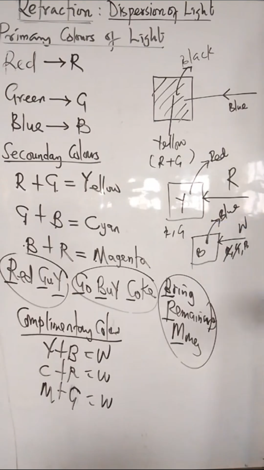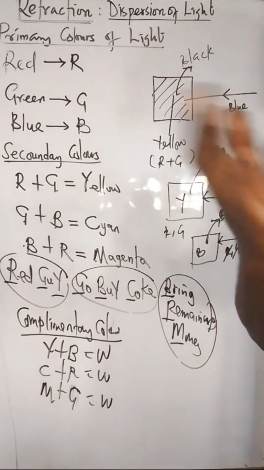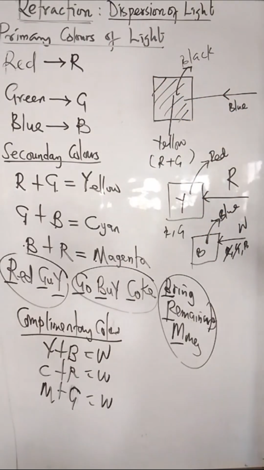Or it reflects blue, so you see it as blue. So meaning an object will absorb other spectra, or other colors of light. It will reflect, or push back, the one of its own kind. So this is what will happen.